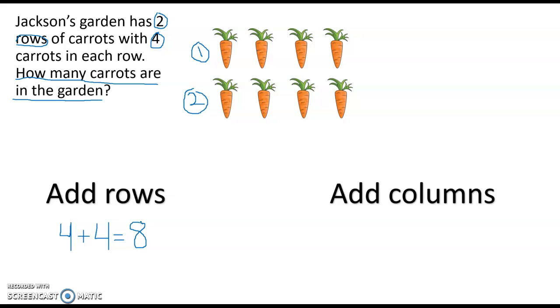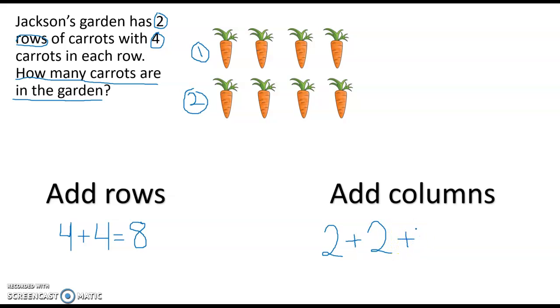So one way is I can add my rows. Another way is I can add my columns. So I've got 1, 2. So 2 plus 2 plus 1, 2.